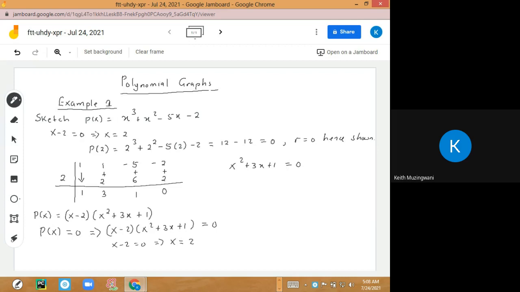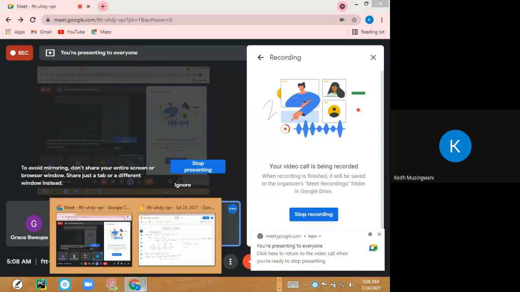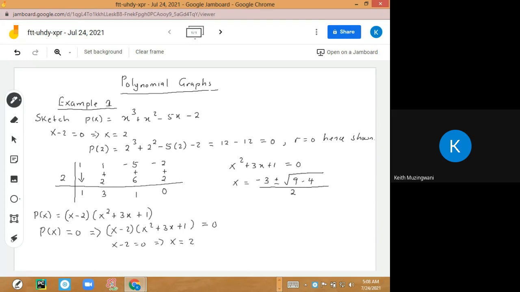No factors, so you use the formula. x is negative b plus or minus the root of b squared, so we have 9 minus 4 multiplied by 1, everything over 2 by 1, which is just 2.